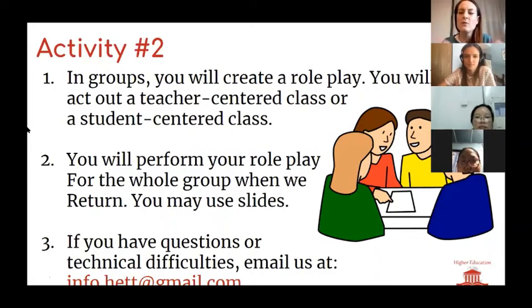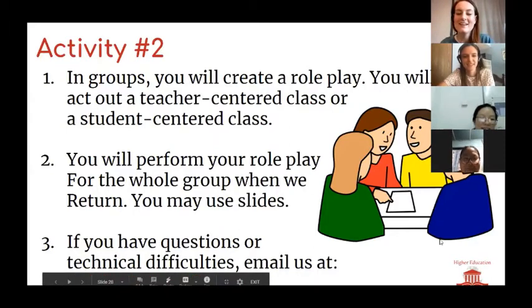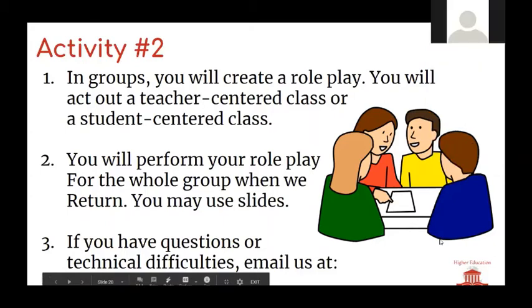What is a role play? Does anyone know what a role play is? I see a few people nodding. Can someone tell me what it is?